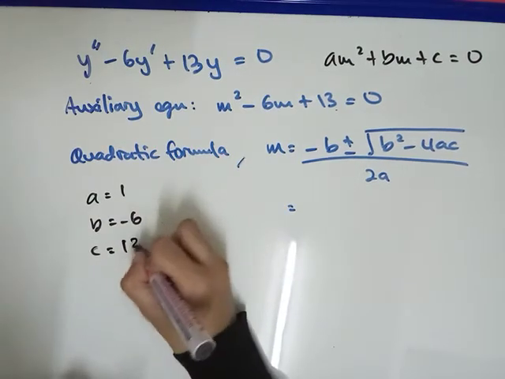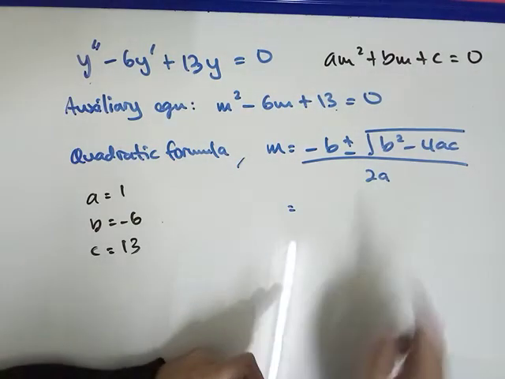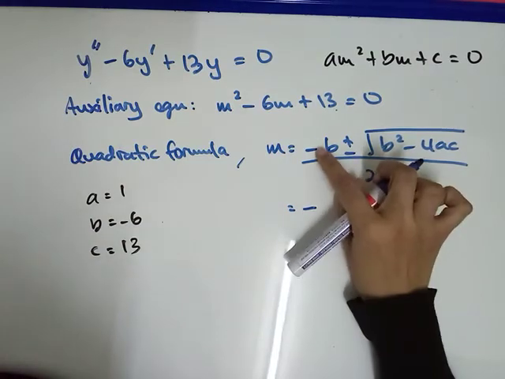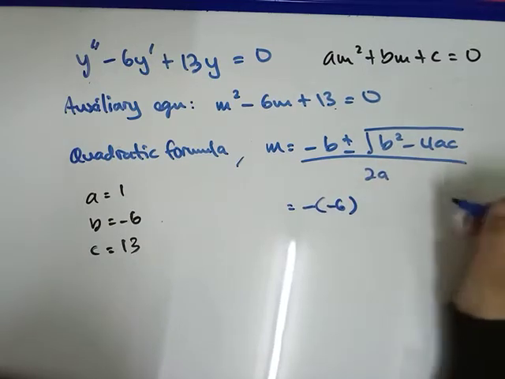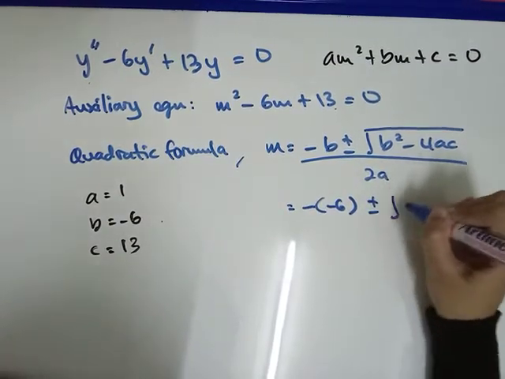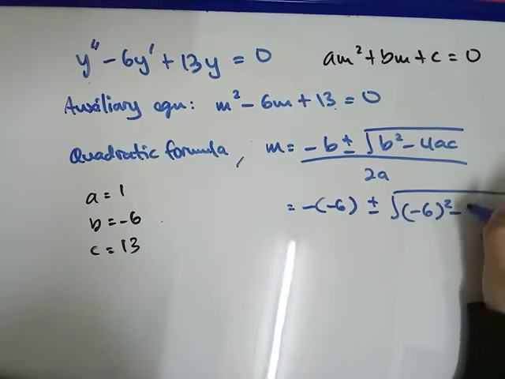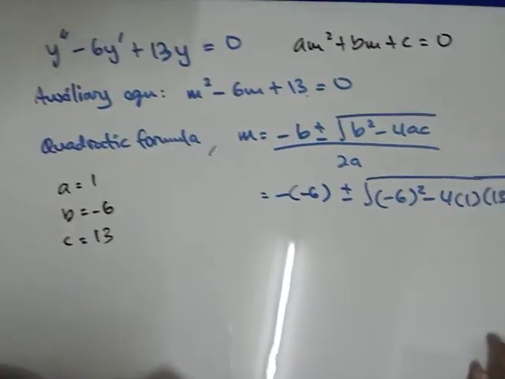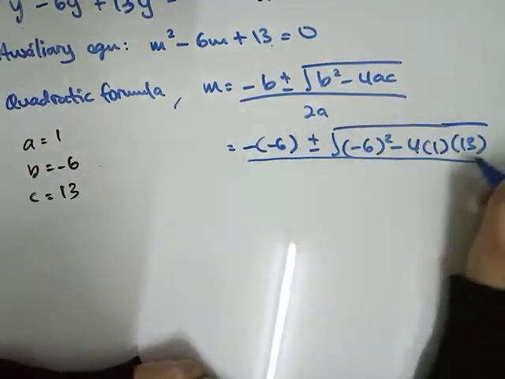And then substitute into this formula, quadratic formula. Okay, so negative, negative ni memang ada dalam formula. And then b is negative 6, plus minus square root b square, negative 6 square, minus 4, what is a? a is 1, c is 13. Ni nampak tak? Okay.